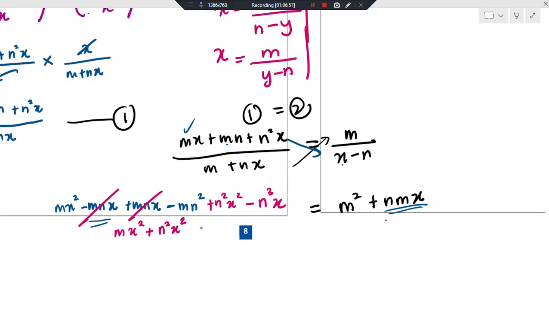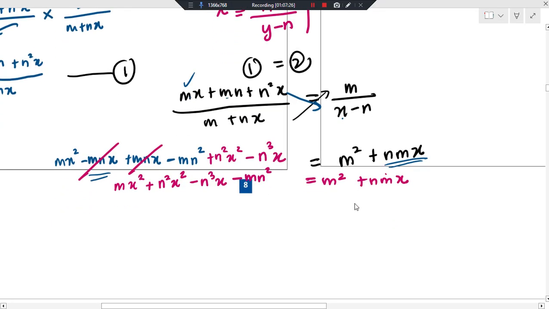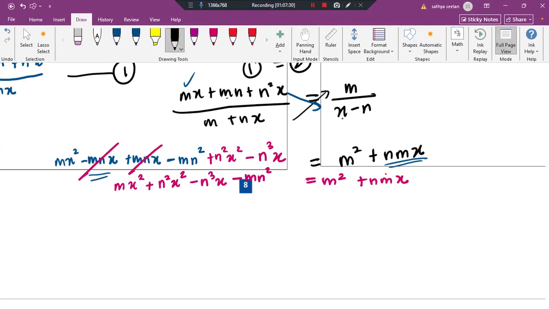Equal to M square NMX. Okay. Sekarang we treat it like a quadratic. I know. Let's try. Okay. Remember, this is your only X square you have. So M plus N X square. Saya boleh tulis macam ni, betul tak? Okay, and then we have negative N cube X and we also have NMX.